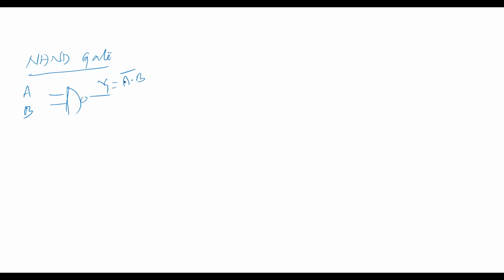Whenever you have a dot product, dot means series in NMOS, and in PMOS it becomes parallel. Here there is a dot between A and B, and since there are two inputs, we need two transistors in the pull-down, and those two transistors must be in series. This is one transistor which represents the A input, one more transistor which represents the B input, and one load is required, that is default.